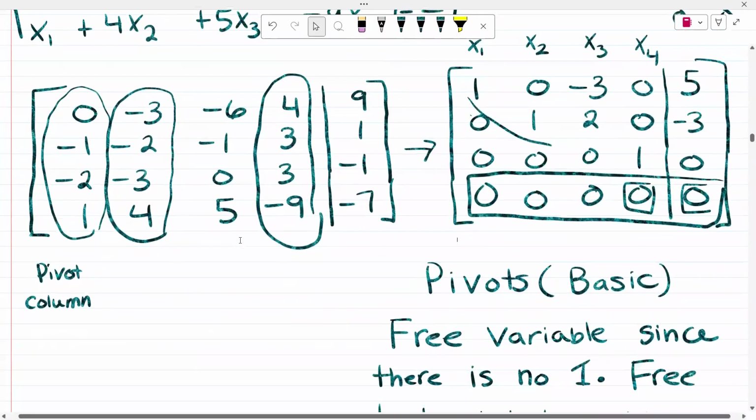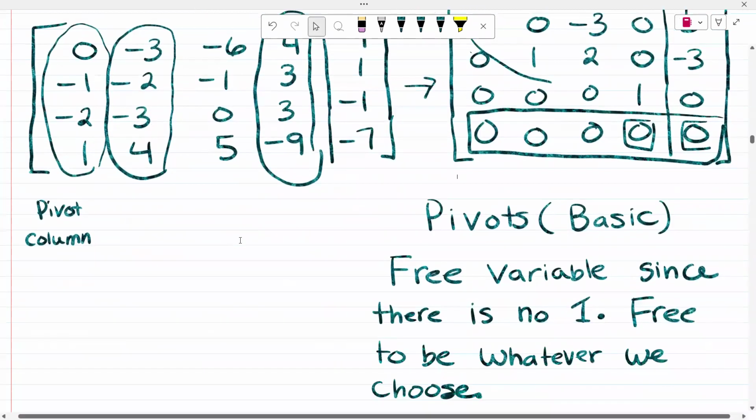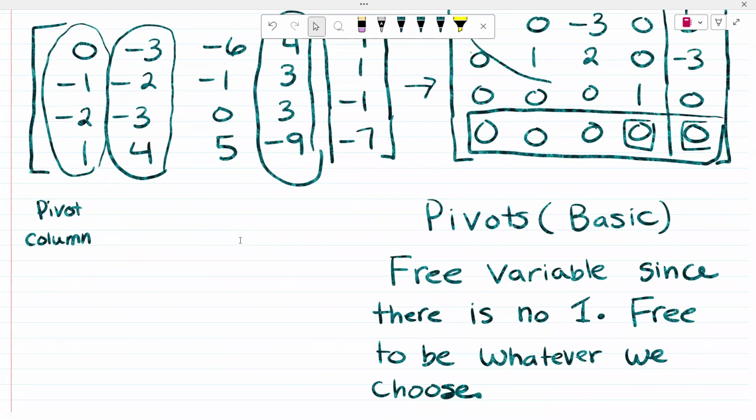Okay, so what are pivots? Pivot columns are usually found after you simplified in either row echelon form or reduced. Pivots are basically free variables since there's no number one, free to be whatever they choose.